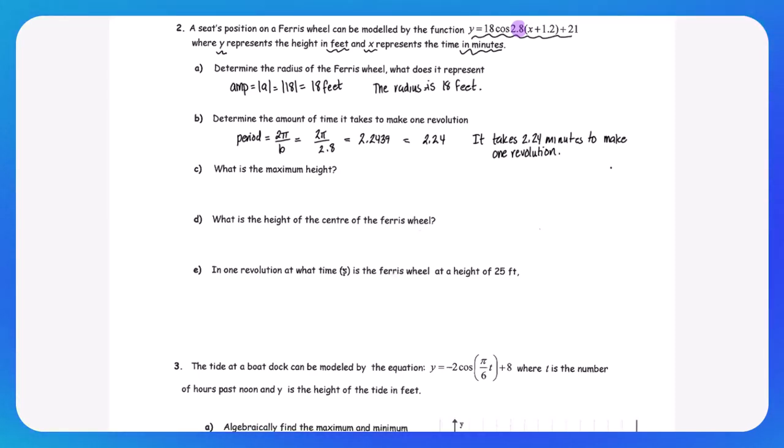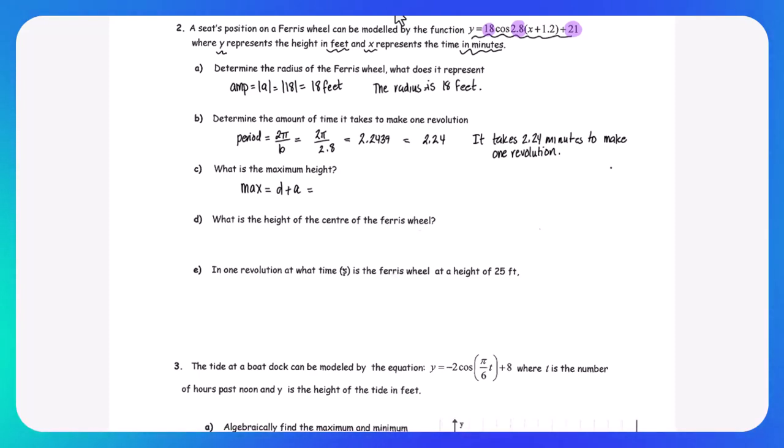Okay, next question. What is the maximum height? Well, remember that the maximum equals the average value D plus the amplitude. Our average value D is over here. That's our 21. And we've already determined the amplitude was 18.